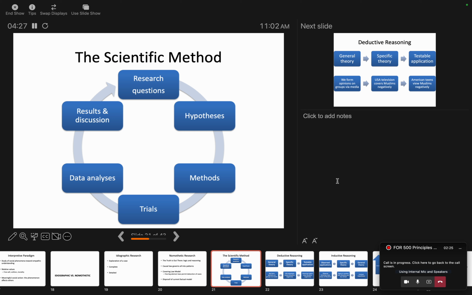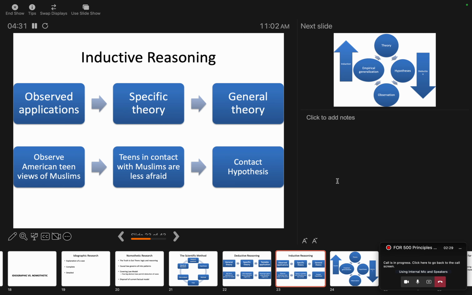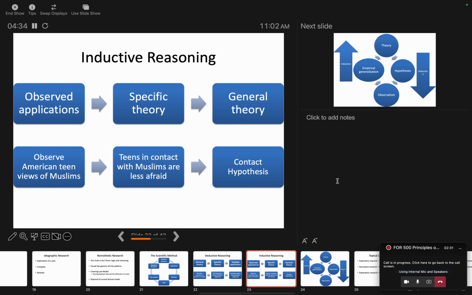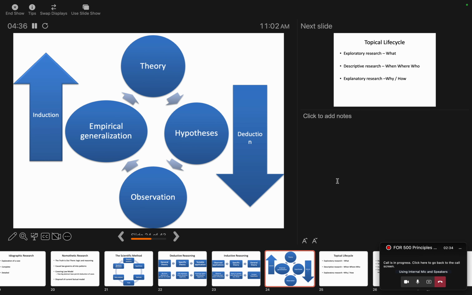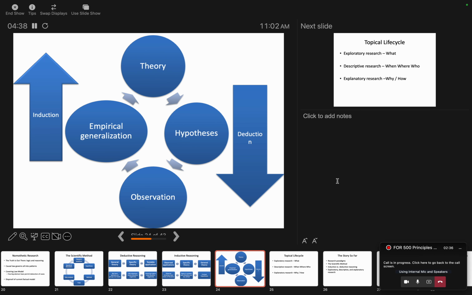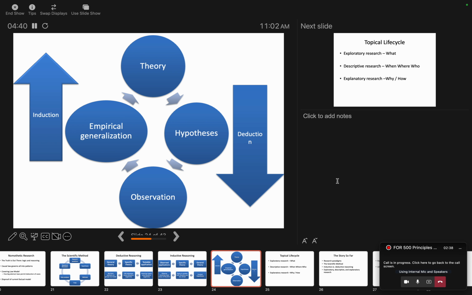And the sense of where to use these in the life cycle of research is as follows. With the life cycle of research, we have three stages.